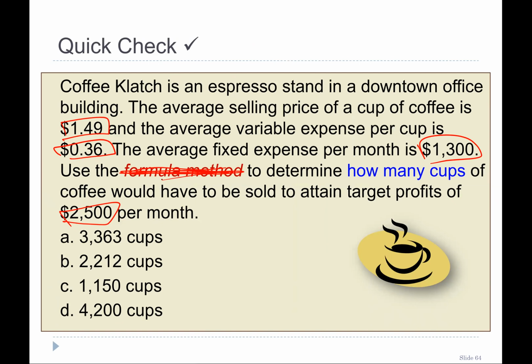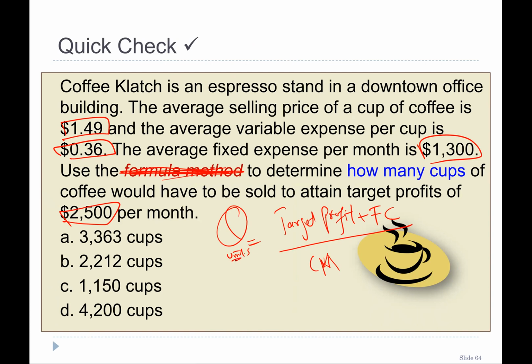So remember, what we need to find out here is how many units to sell, right? That means we're talking about this formula. Target profit plus fixed cost divided by CM ratio or units.